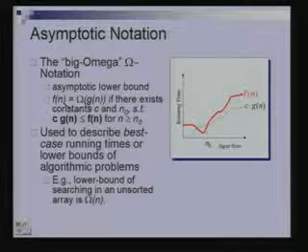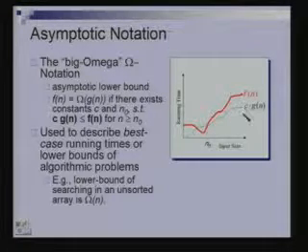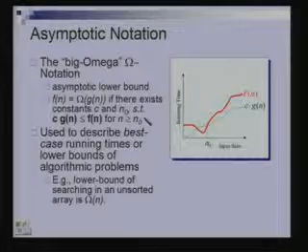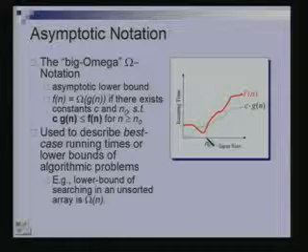A function f of n is omega of g of n if a constant times g of n is always less than f of n in the limit, beyond a certain n naught, as this picture illustrates. So f of n is more than c times g of n beyond this point n naught. And in that case we will say that f of n is omega of g of n.